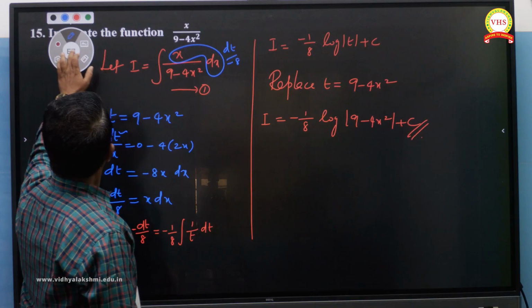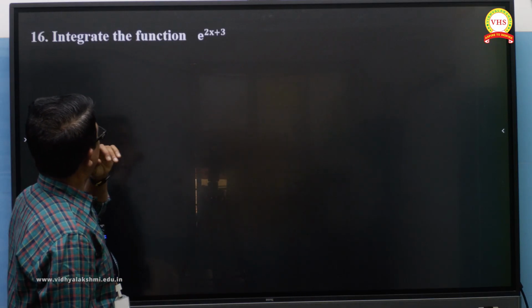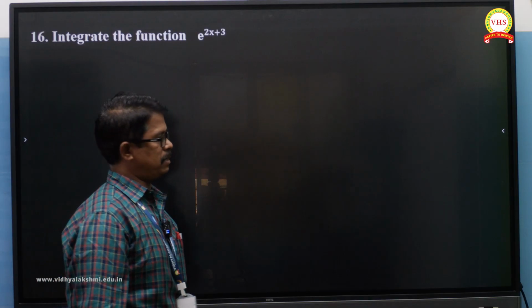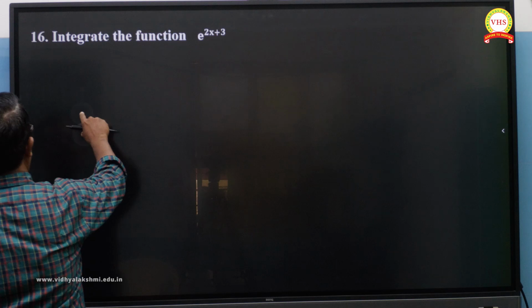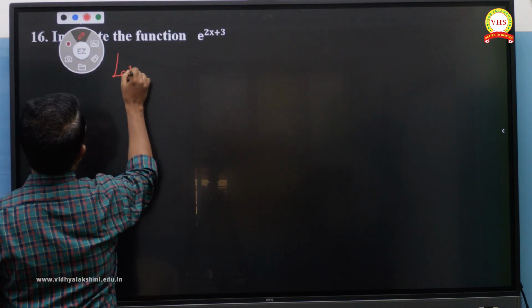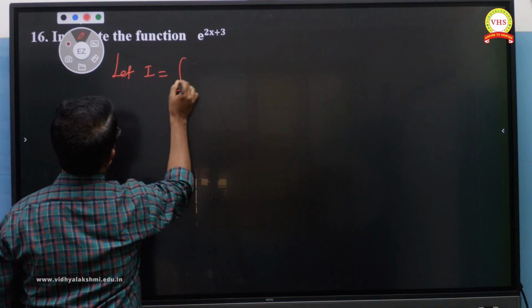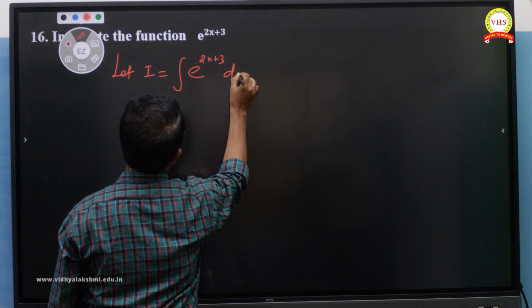Question number 16. What is question number 16, Kanna? The given function is e power 2x plus 3. What I told you, when you get a power, you can do it. It is an easy sum. Let I equal to integral e to the power of 2x plus 3 into dx.